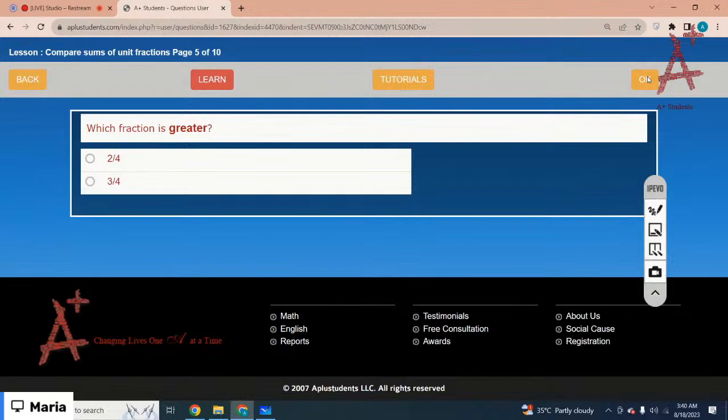Which fraction is greater? 3 over 4 is greater, right? Because both the fractions have the same denominators. Their numerator 3 is greater, so that would be 3 over 4.